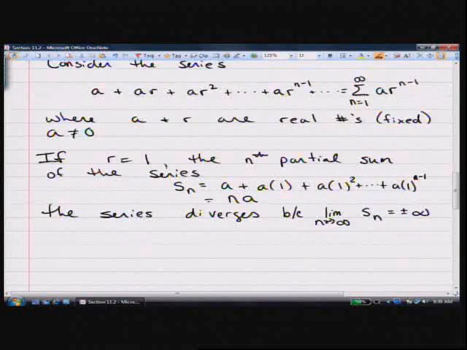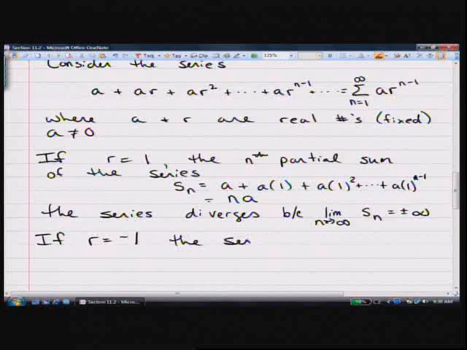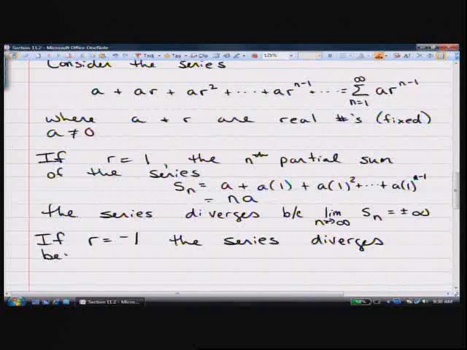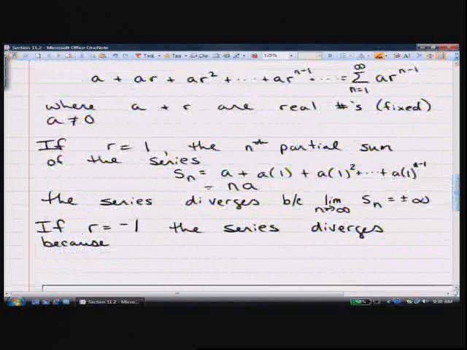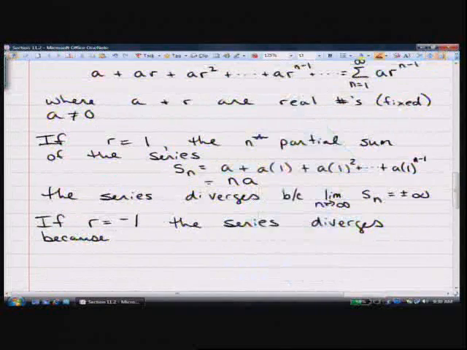Okay. So now if r is equal to 1, that happens. If r is equal to -1, what happens is that the series diverges. Let's see if we can see why. Let's consider what would happen.